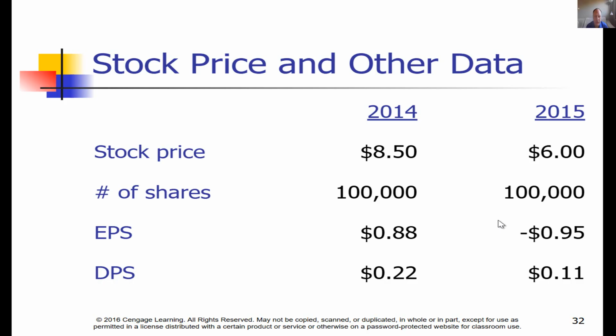The dividends per share has also been cut from 22 cents per share in 2014 to 11 cents per share in 2015. So right now the expansion is not serving the stockholders very well.